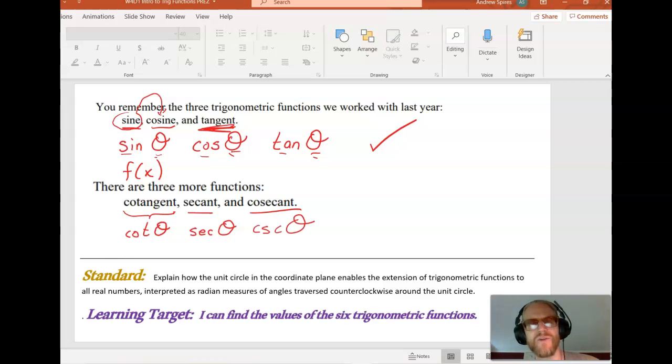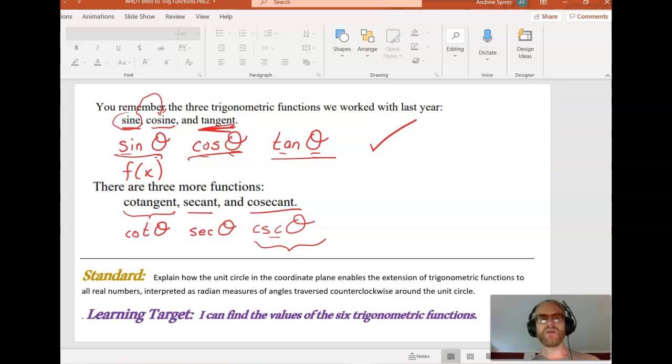Okay, so SEC. And then you have cosecant, and the abbreviation for that is CSC. So that one's a little weird. All right, so that one's a little strange. The others are just first 3 letters, first 3 letters, first 3 letters, first 3 letters, and then you have cosecant. It's just weird. Okay, so those are the names of the functions, not the definitions, just the names. This is notation, so this is the way you write it.